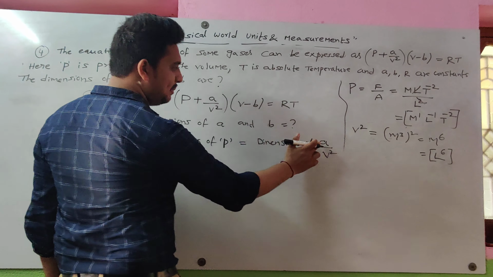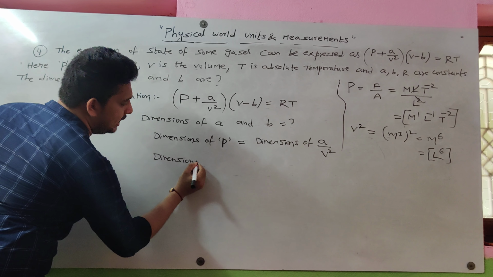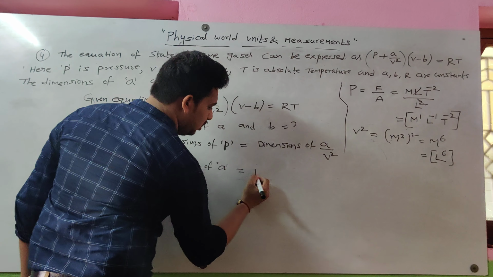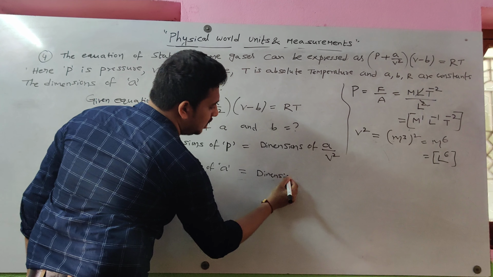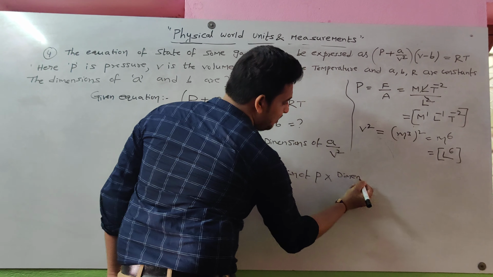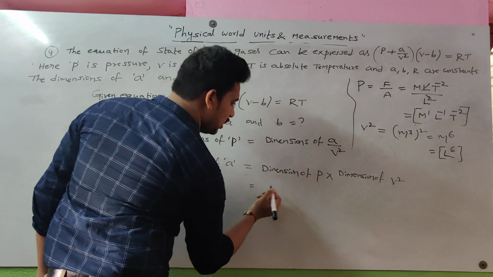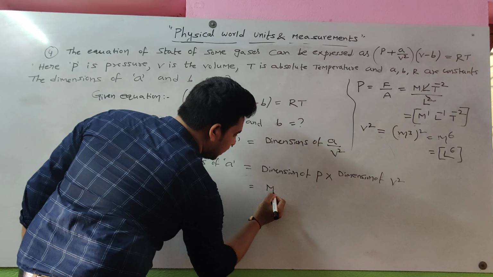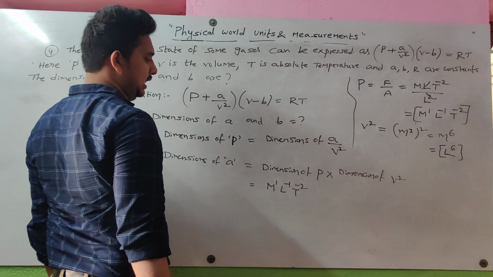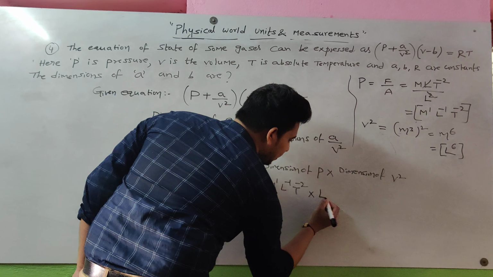What we need to find here are the dimensions of A. So dimensions of small a is equal to dimensions of P into dimensions of V square. The dimensional formula for P is M power 1, L power minus 1, T power minus 2, and for V square it is L power 6.